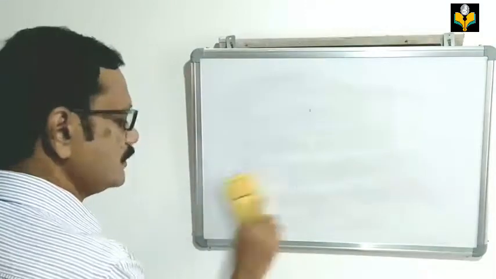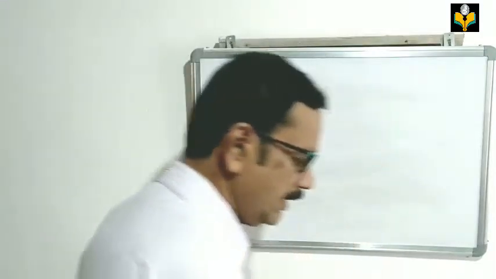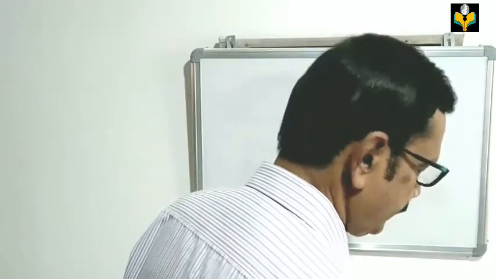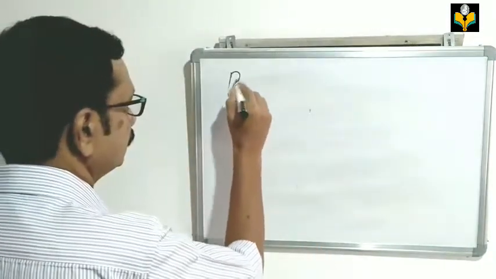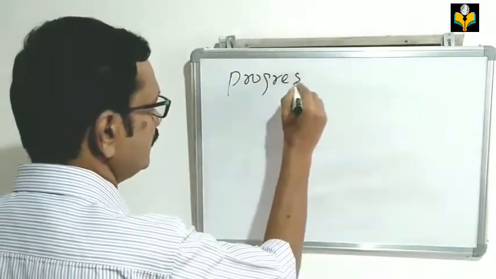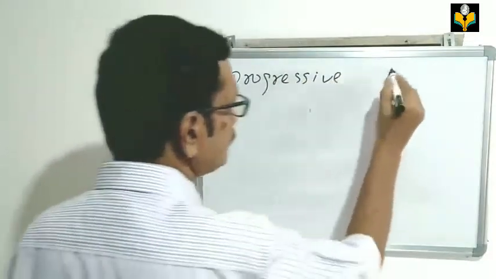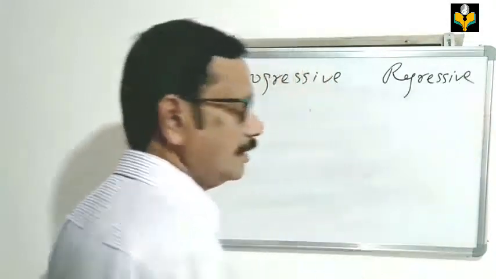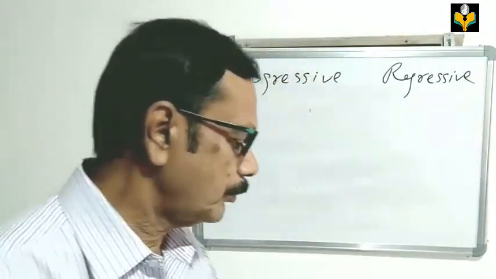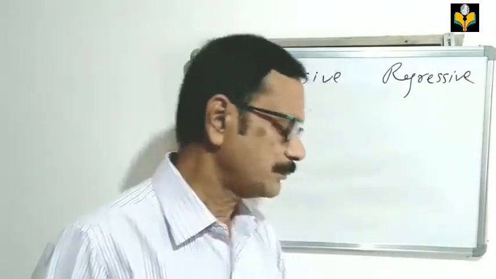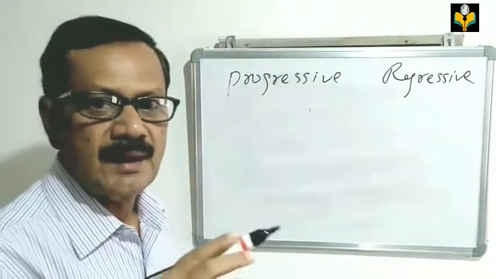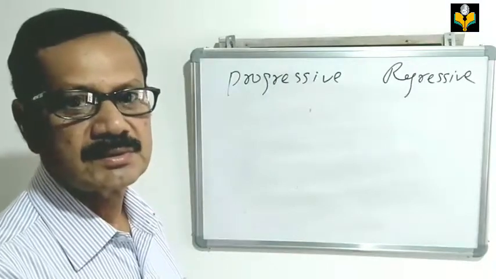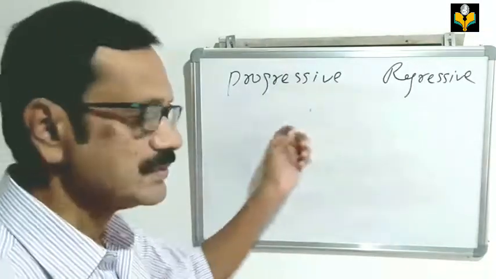One is progressive assimilation, the other is regressive assimilation. In the case of progressive assimilation, the succeeding sound is influenced by the preceding sound.